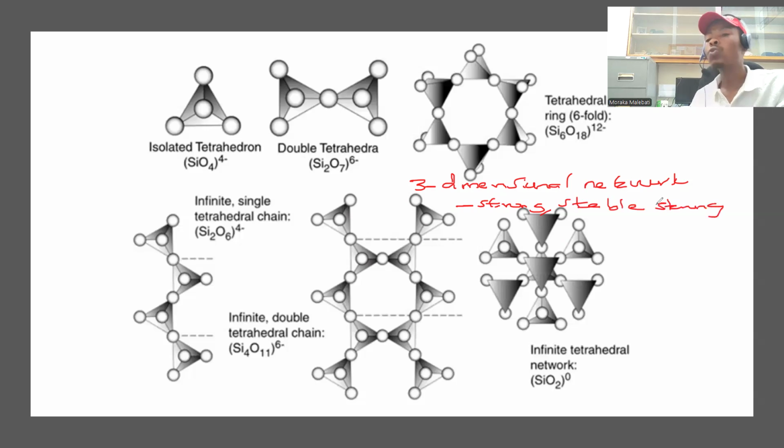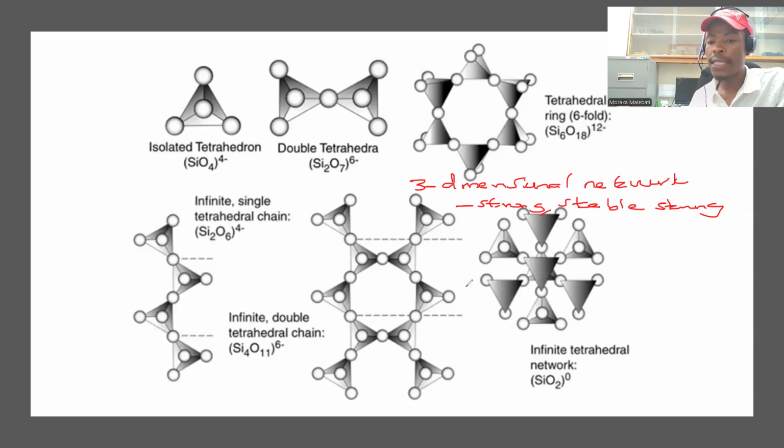Which is why quartz is very resistant, especially to weathering. Because of this three-dimensional network, the structure becomes strong, and not only that, but also a stable one.